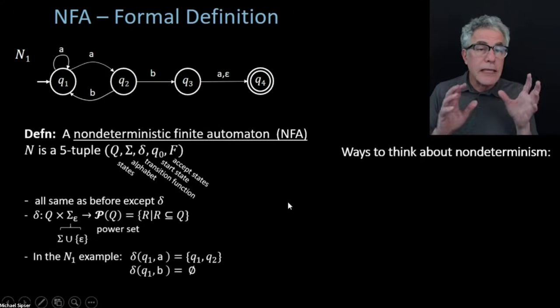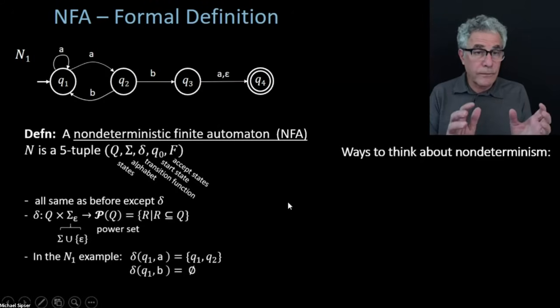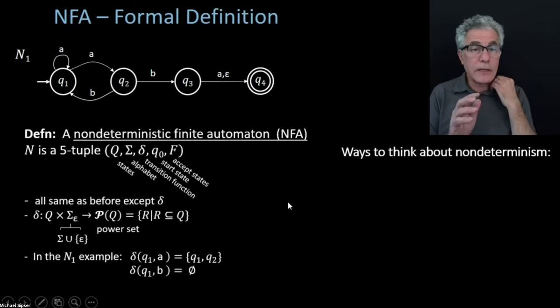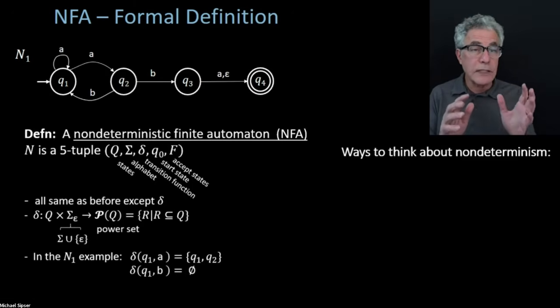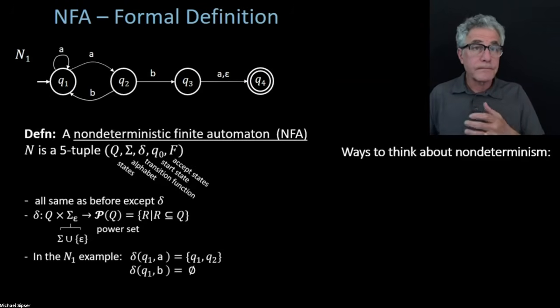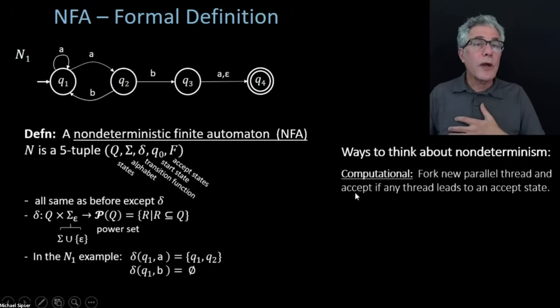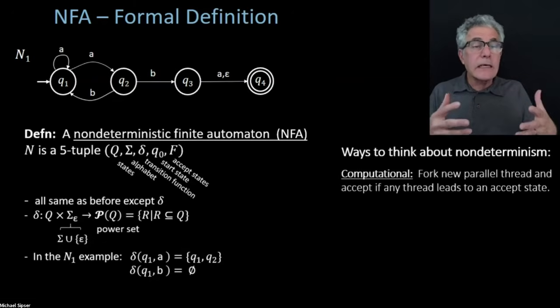So now here's, I think, something really important. How do we understand non-determinism intuitively speaking? There are multiple different ways, each of which has its value under different circumstances. One way is thinking about non-determinism as a kind of parallelism.